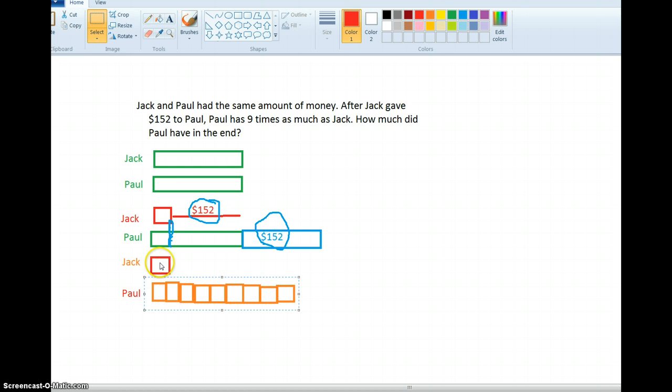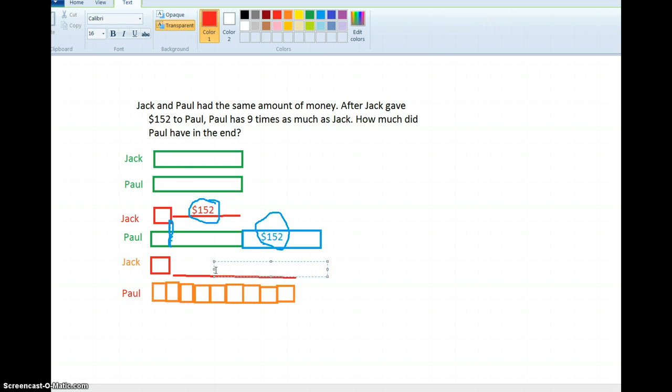Please take note that each of these units represents the same amount. And we can see from the previous model over here that the difference between Jack and Paul is 152 plus 152, which would be $304. So the difference here is $304.